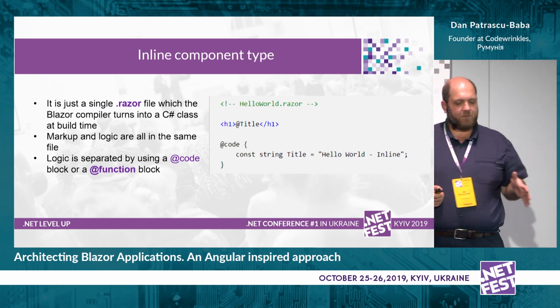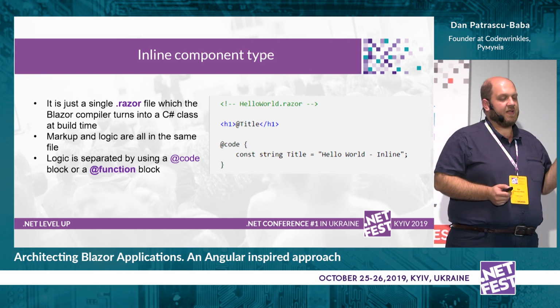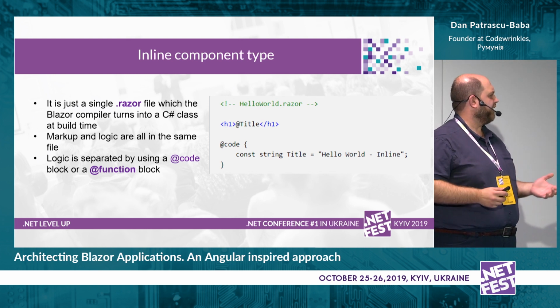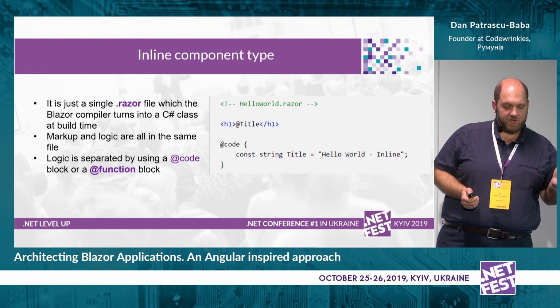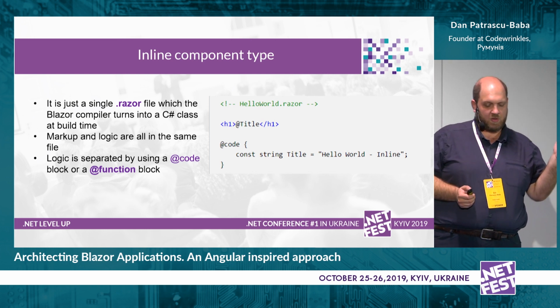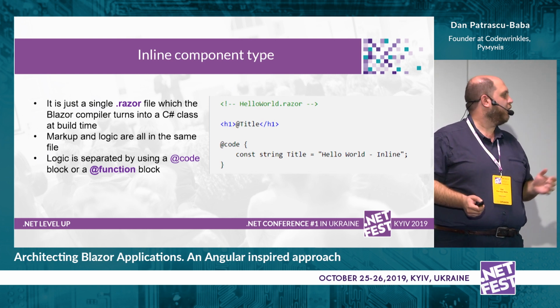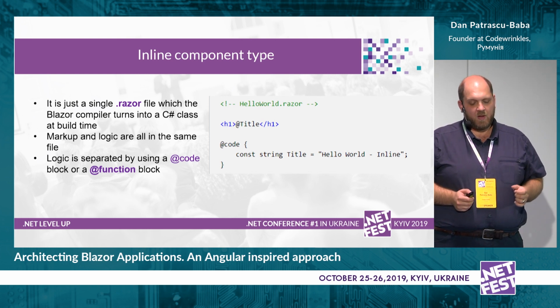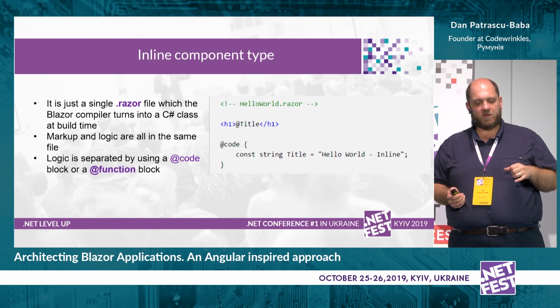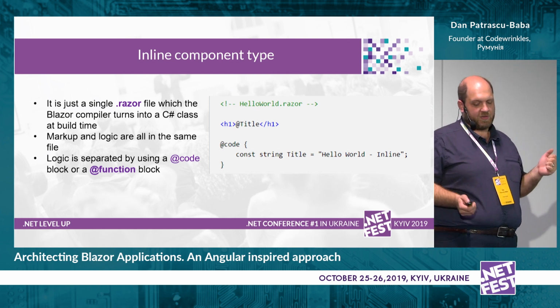And when we try to create this type of components, we also have different options to do that. One type of component is what is called an inline component. And this component is not really very fancy and complicated. The whole idea is that in this component, you have only one single file that you could name as hello-world.razor, like it is in this example. And in this file, you have, on one hand, some markup, like we have this title here.